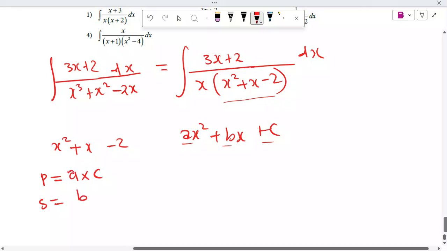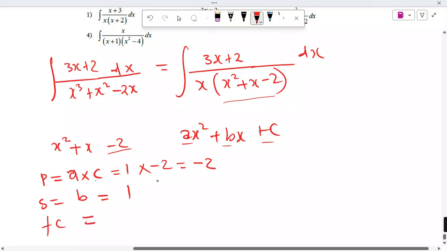So 1 multiplied by c gives negative 2, with the sign. B is the coefficient of x, which is positive 1, so we just write 1.